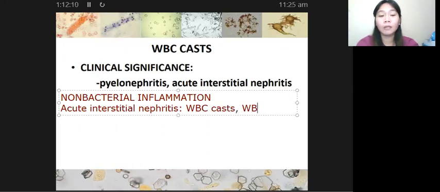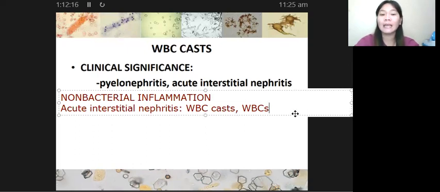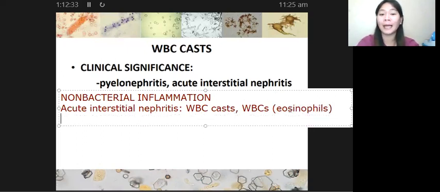And then WBCs. In particular, what WBC again is involved in your interstitial nephritis? 'Di ba? Sabi ko, hyperallergic. Hypersensitivity reaction ito. Okay? So ang kaakibat na WBC na meron dapat ay eosinophils.